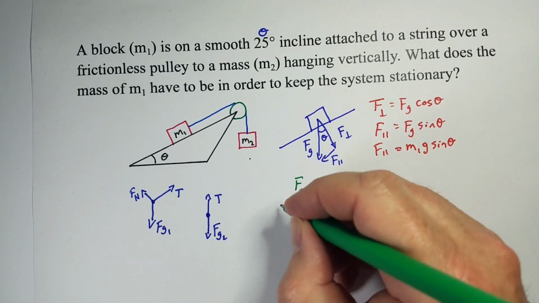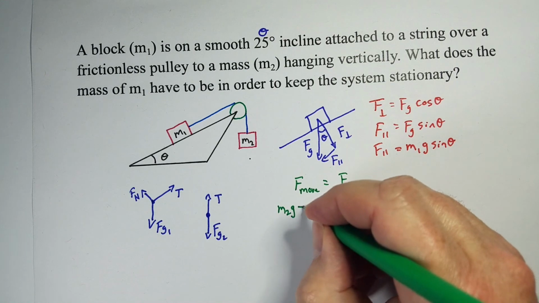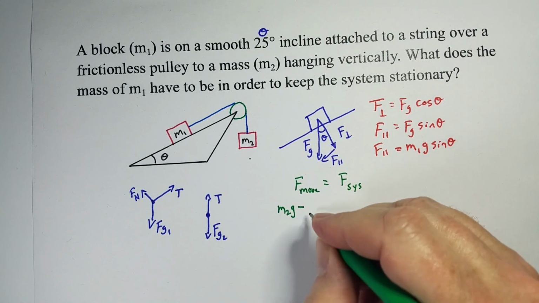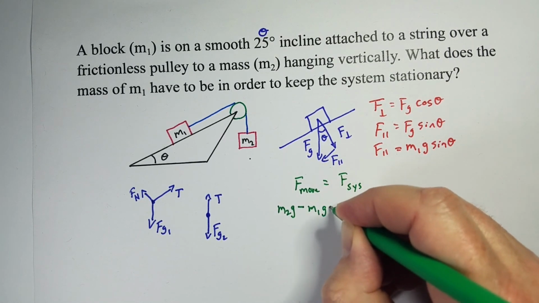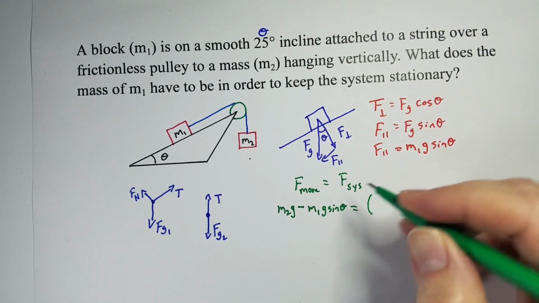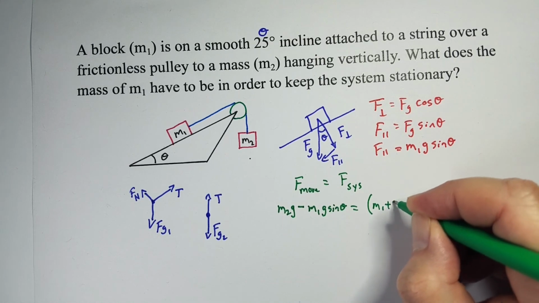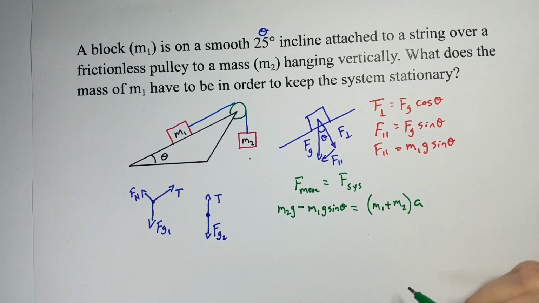So we've got m2g, which is the weight of this one, minus the force parallel, which I'm going to write as m1g sine theta, equals the system, which is both masses, going to accelerate together at some acceleration.